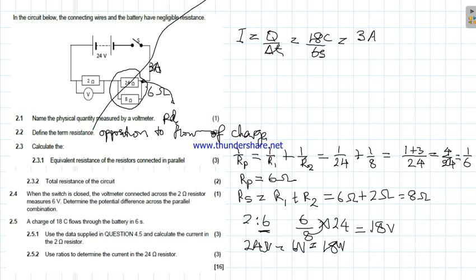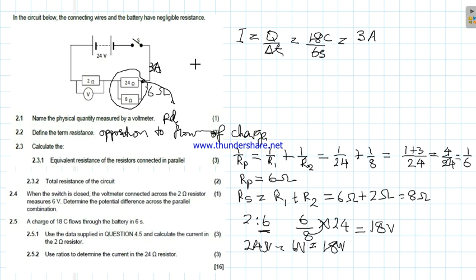Remember we said resistors connected in parallel are current dividers. So that 3 amps is going to be divided between the 24 ohm resistor and the 8 ohm resistor.